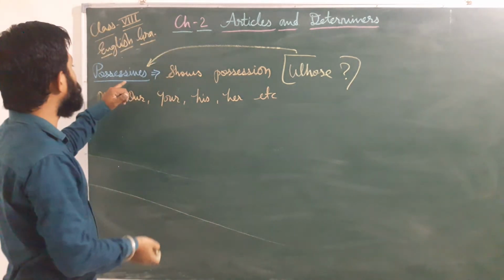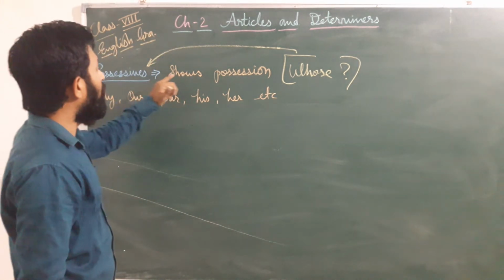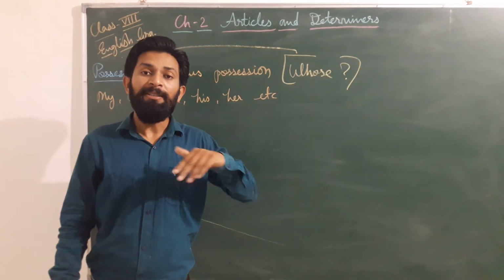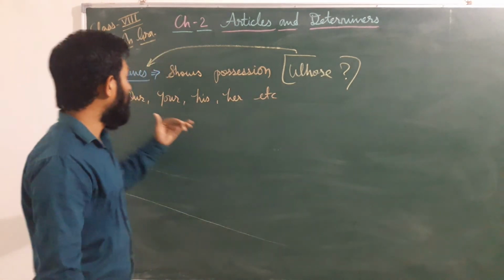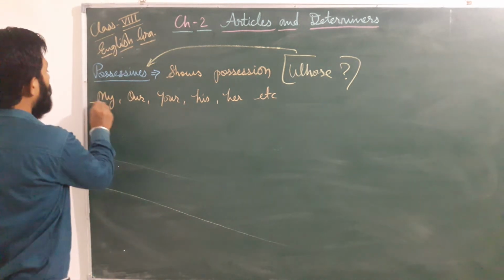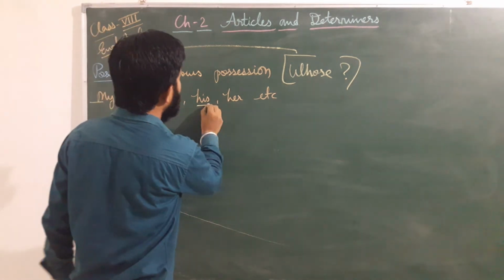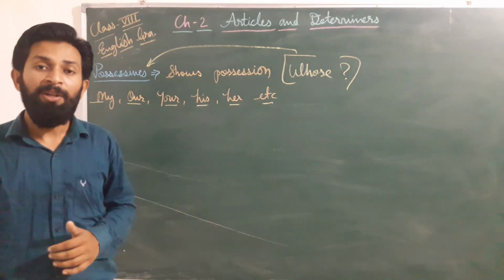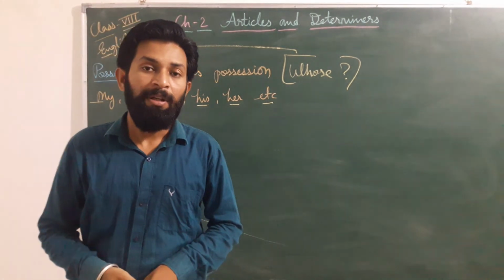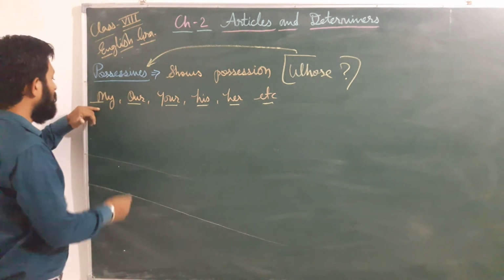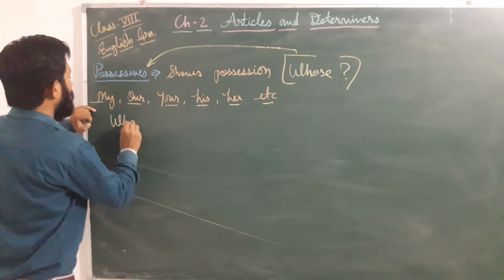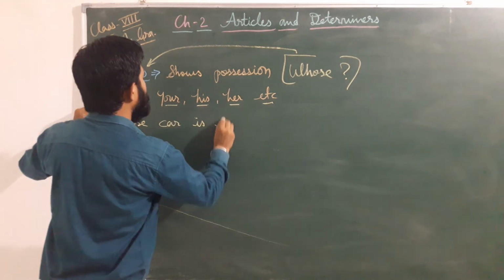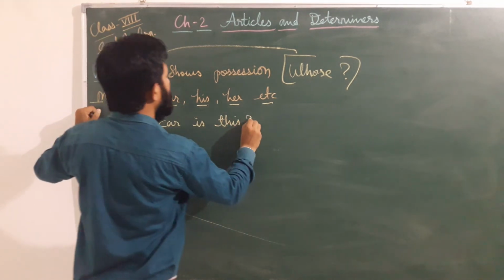If we use that type of word for showing possession, it is a possessive. Whose car is this? It is his car. That type of word is known as a possessive, like my, our, your, his, her, etc. Words that show possession are used as possessives. For example, whose car is this?